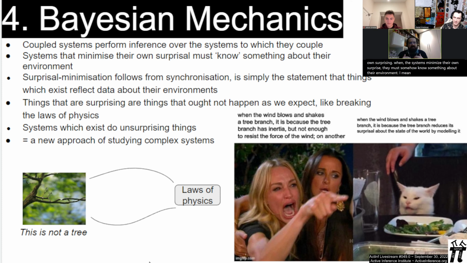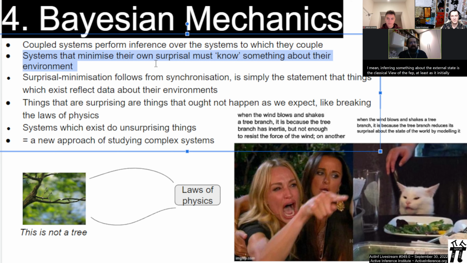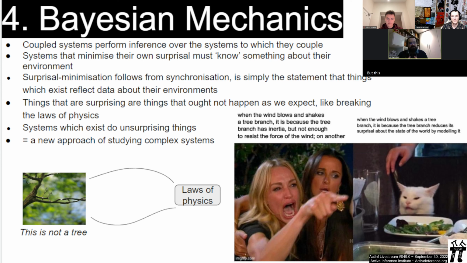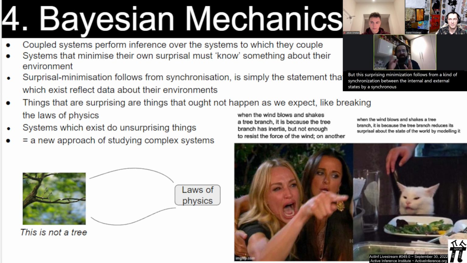When the systems minimize their own surprisal, they must somehow know something about their environment. I mean, inferring something about the external state is the classical view of the FEP, at least as it was initially formulated. But this surprisal minimization follows from a kind of synchronization between the internal and external states via a synchrony map, or sigma, which is simply the statement that things which exist reflect the data about their environments, which is the other way of saying the above statement as well.